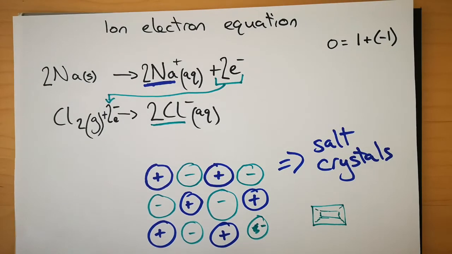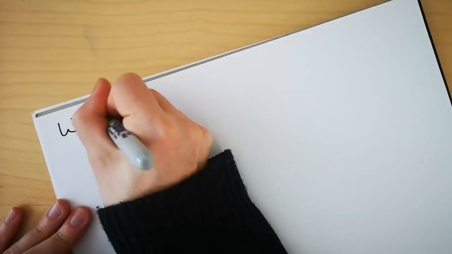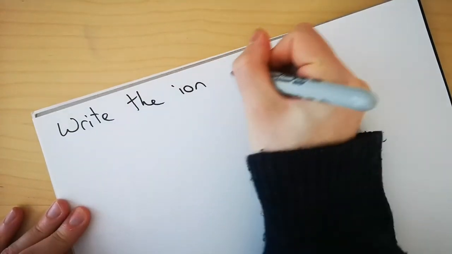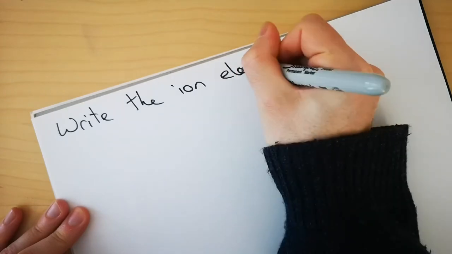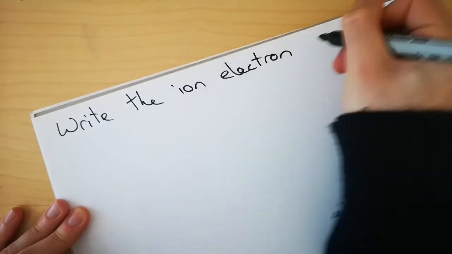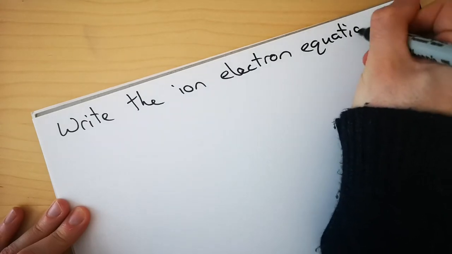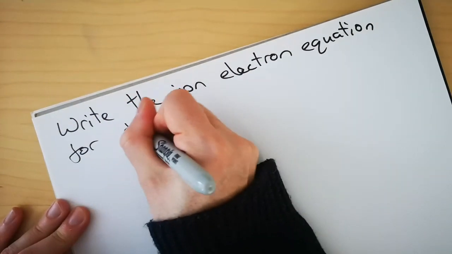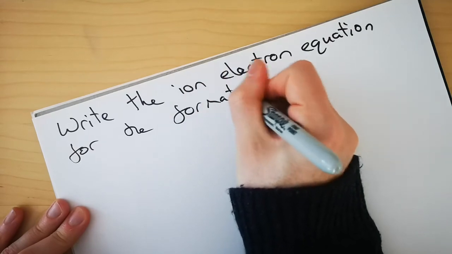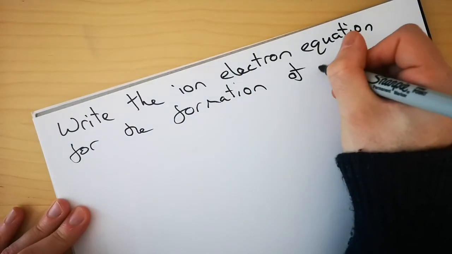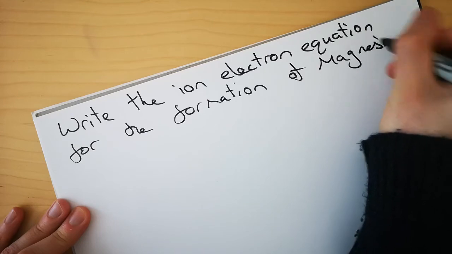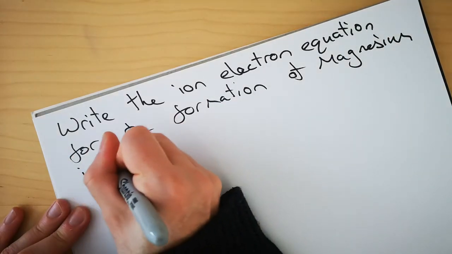So, if you are asked in the exam to draw out the ion, say you were given the question, write the ion equation for the formation of magnesium ions.